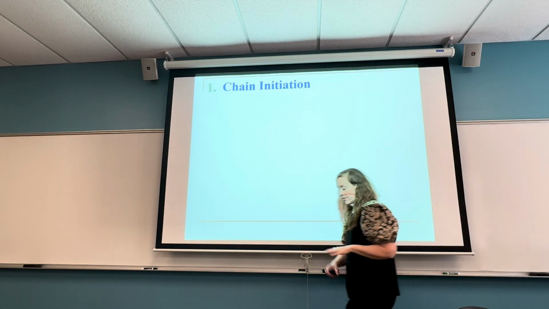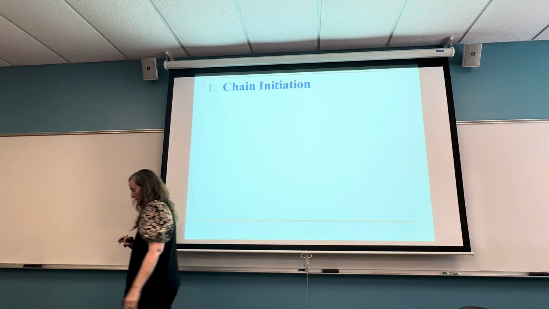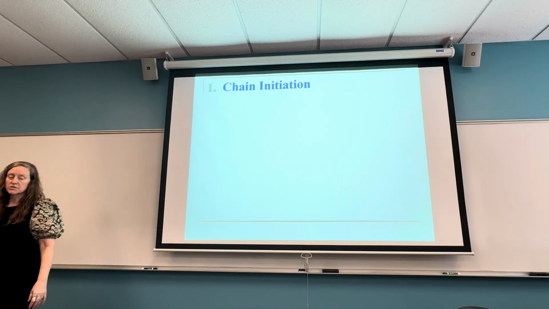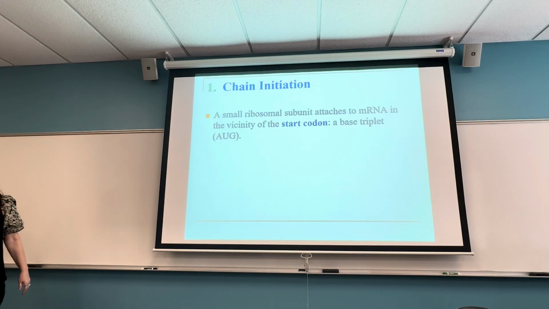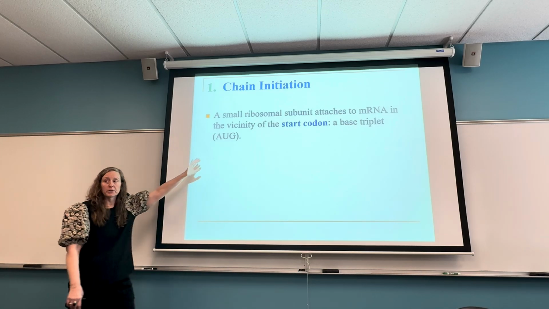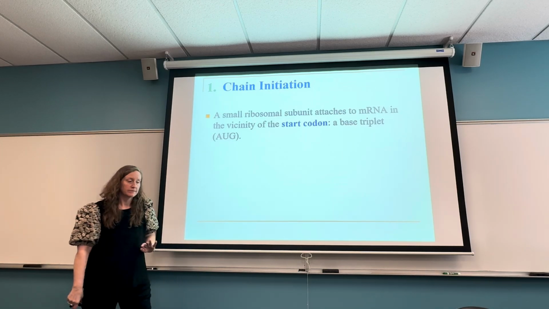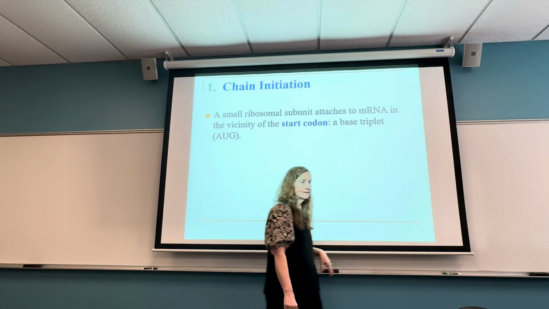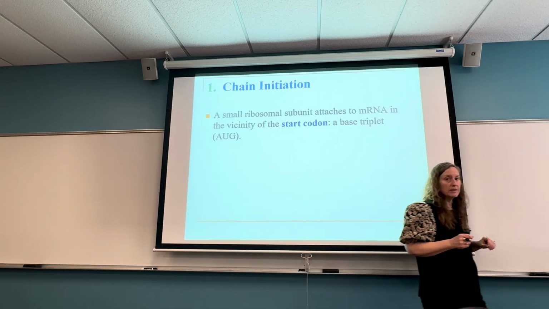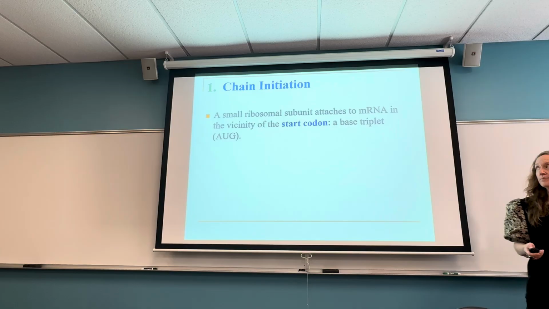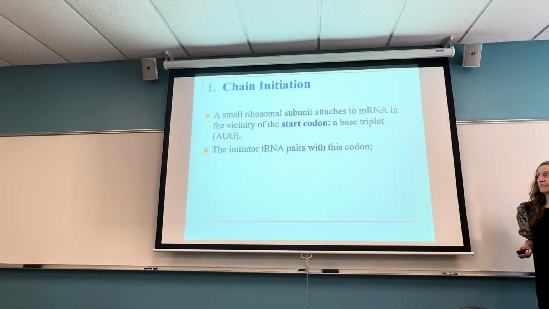So let's talk about a little more detail about the complete process of translation. So the first step is called chain initiation. It starts at the start codon. The start codon is a base triplet called AUG. Codes for methionine. It says we're going to start our protein sequence here.